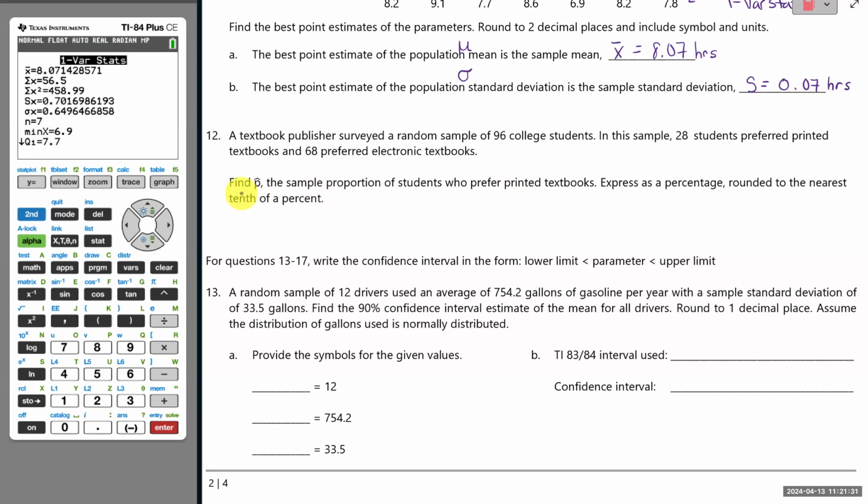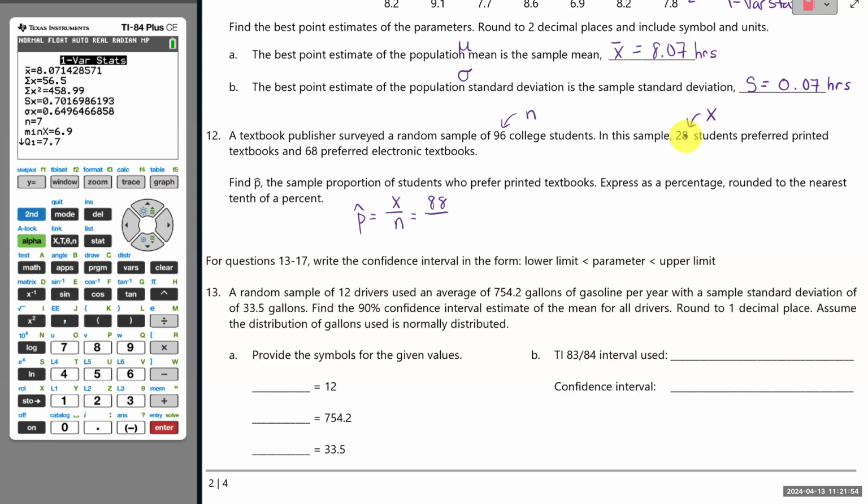All right, so P hat, the sample proportion, we take X, the number of successes in the sample, we divide that by the sample size. All right, so in this case, if they're talking about students that prefer printed, 28 would be our X, that's the successes in the sample, and then our sample size was 96.